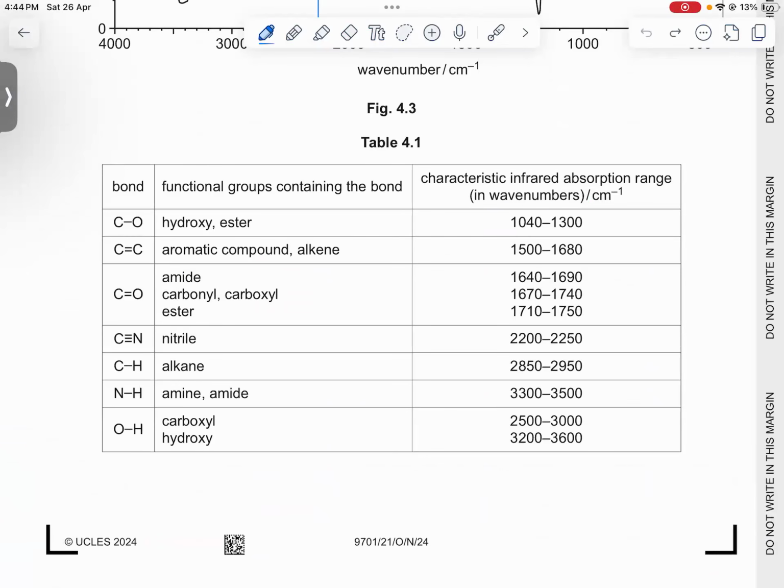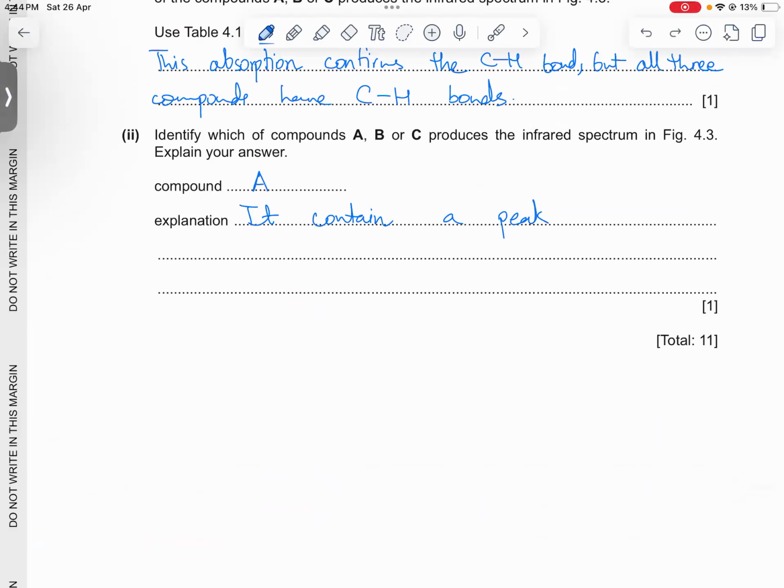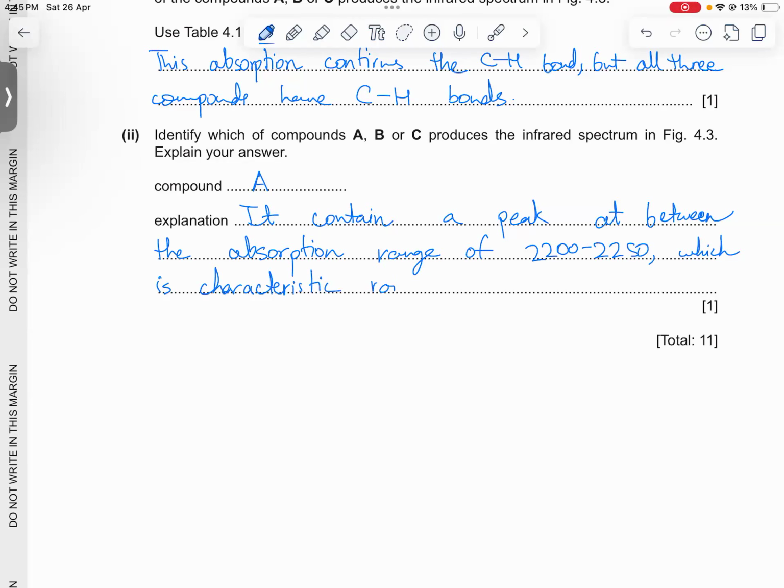It contains a peak between the absorption range of 2200 to 2250, which is the characteristic range of the nitrile, the C triple bond N.